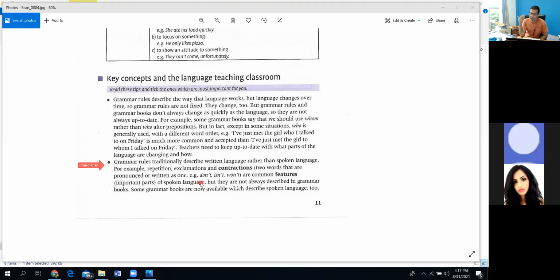Because don't, isn't, won't are like spoken use. Nowadays they also appear in writing, but in the formal way, they don't use contracted forms. Whenever it is formal writing, the full form is used. Instead of the contracted form, you have to write the full form. So that's what they are talking about over here.